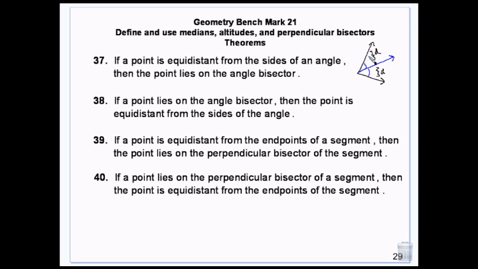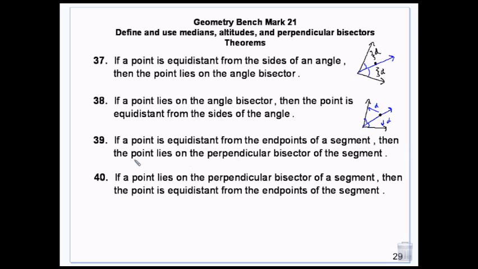And so the bisector cuts the angle in half. Vice versa, if I have some angle and it has a bisector, so if you're a point and you're on an angle bisector, that means that you're equally distant from the 2 sides of the angle.